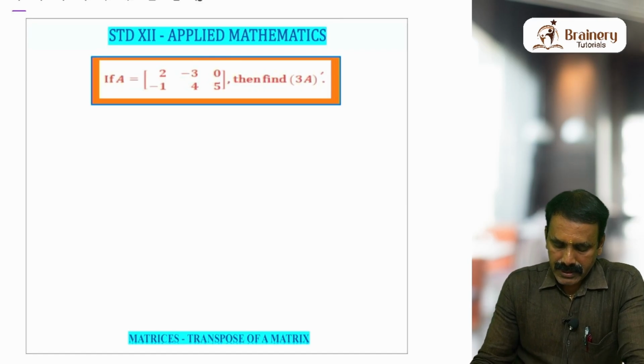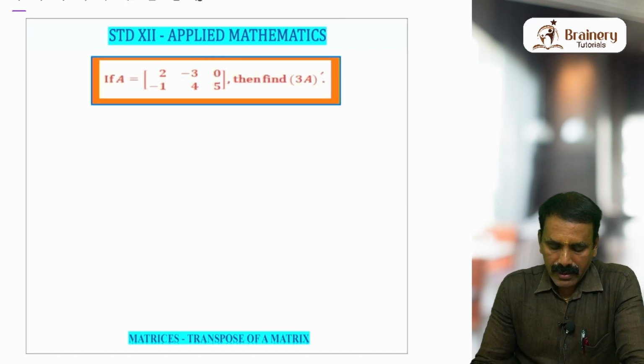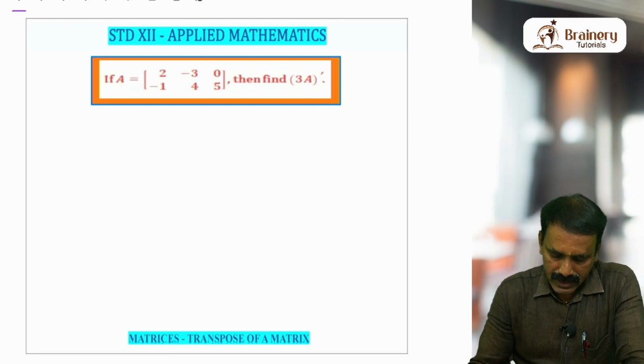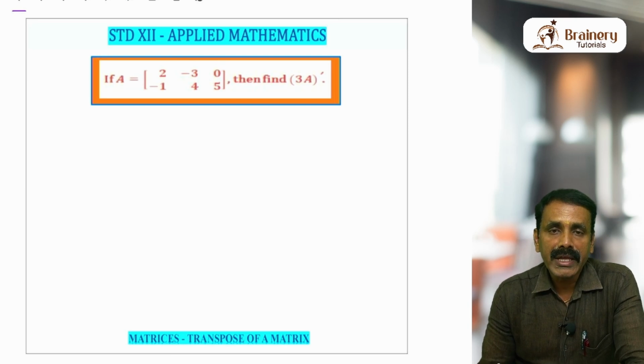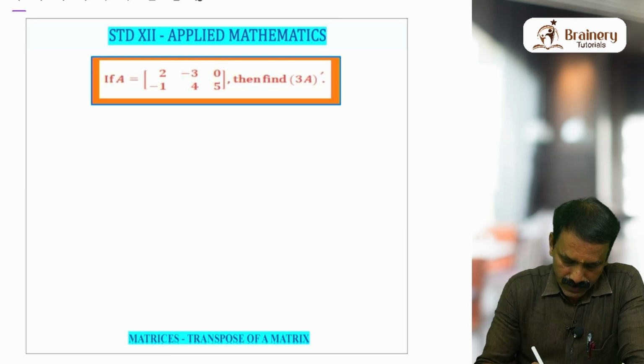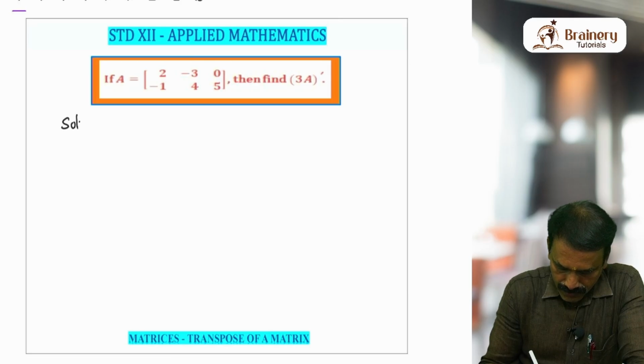Now consider this question. If A is the matrix 2, minus 3, 0, minus 1, 4, 5, then find (3A) whole transpose. A matrix is given to us.